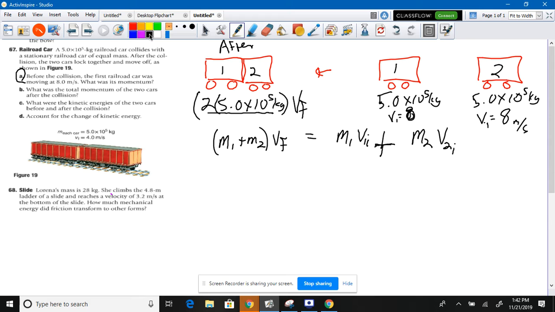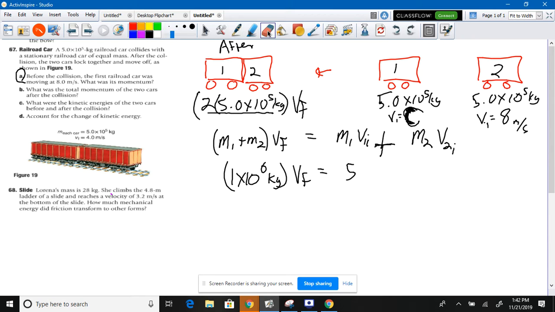So 10 times 10 to the 5th is 1 times 10 to the 6th. Good, Logan. So 1 times 10 to the 6th kilograms times final velocity. Well, this is just 0 then, if this one's standing at 0.